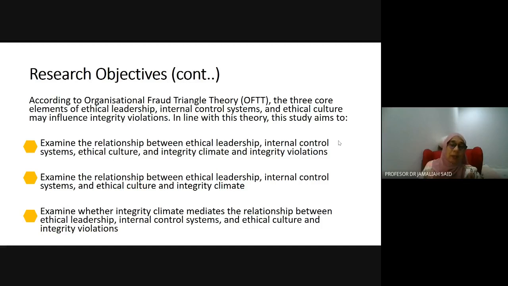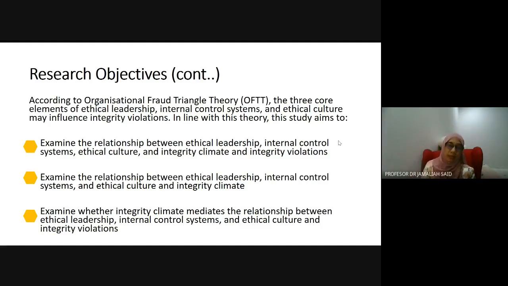The thing is, he put everything in one sentence, but from this objective the student needs to develop at least four hypotheses, because there are four variables: ethical leadership, internal control system, ethical culture, and integrity climate, affecting integrity violation. Objective number two is to examine the relationship between ethical leadership, internal control system, ethical culture, and integrity climate. The student starts with "the study aims to" because, when it is an objective, what is your mission?